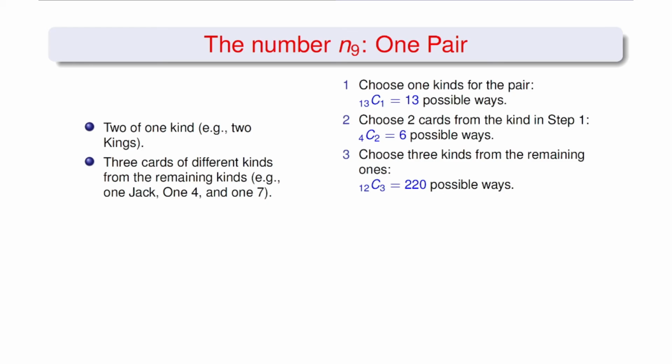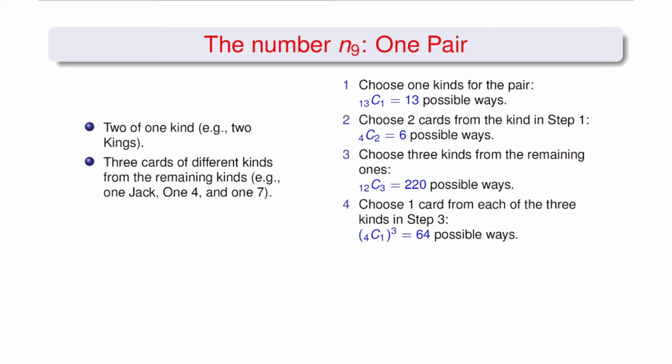Now, in each of these 3 kinds chosen in step 3, we choose what? 1 card. So step 4, we choose 1 card from each of these 3 kinds in step 3. So 4 choose 1 raised to power 3, that's 64 possible ways.